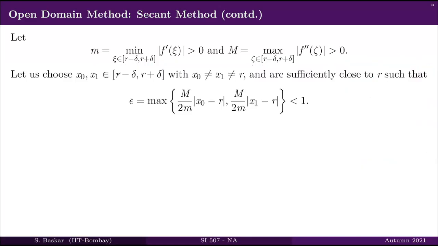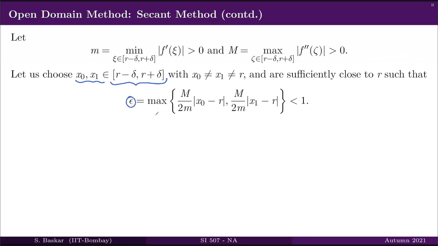As I told, this neighborhood is what we are interested in, and we are yet to obtain the delta precisely. Assume that x0 is not equal to x1 is not equal to r, and also choose x0 and x1 sufficiently close to r such that the parameter epsilon, which is defined by this expression, is less than 1.